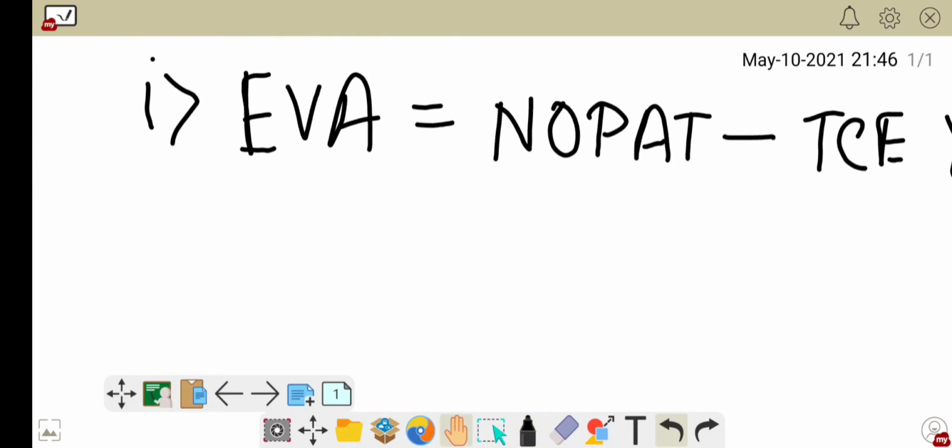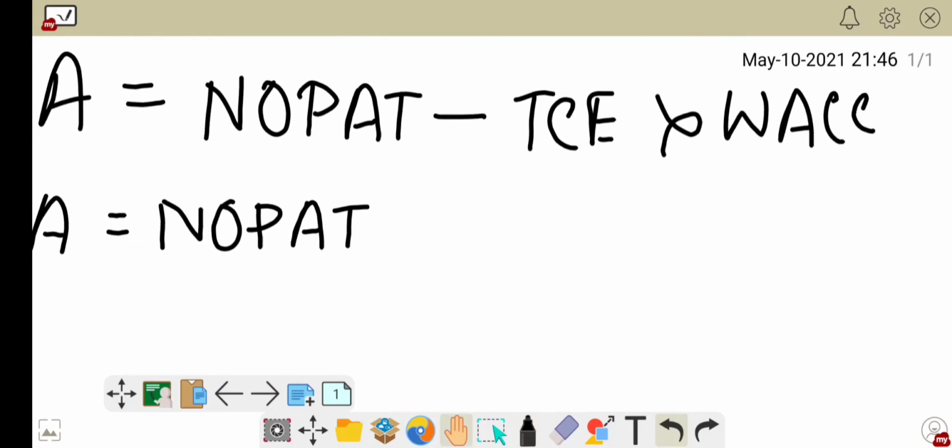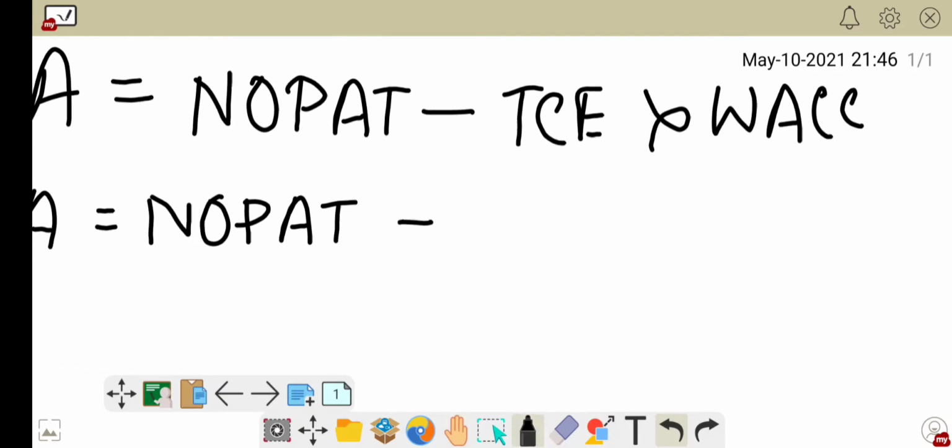The second one: EVA equals NOPAT minus OBVC into WACC.